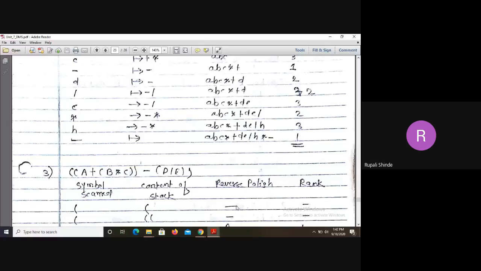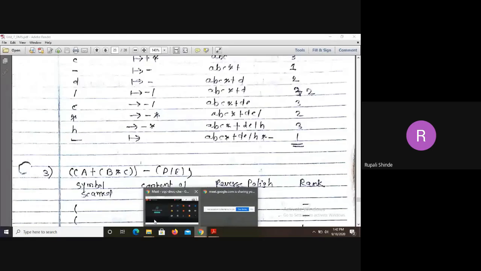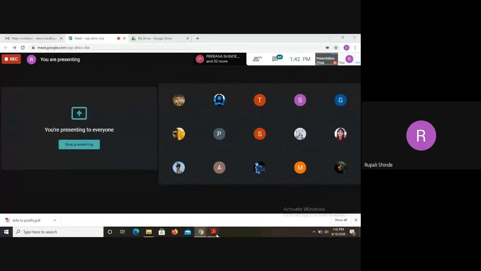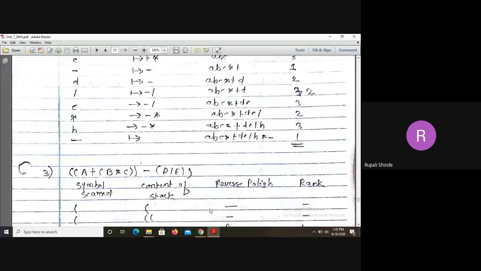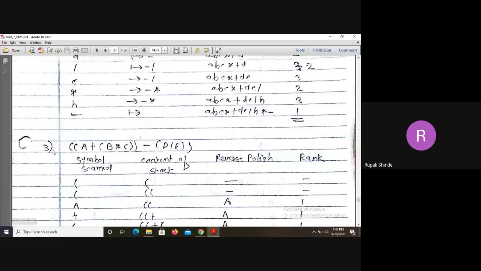So let us see the solution for this problem. First symbol is an opening bracket. We have to push this onto the stack, and the reverse polish and rank remain empty.